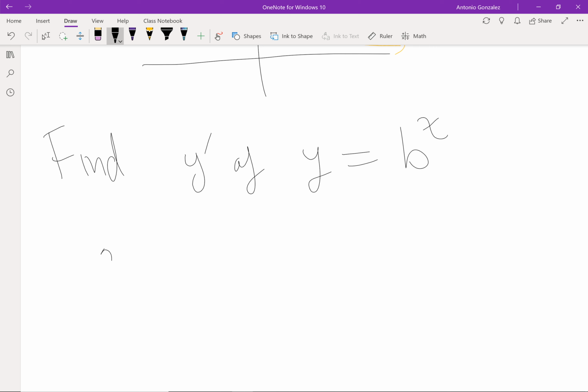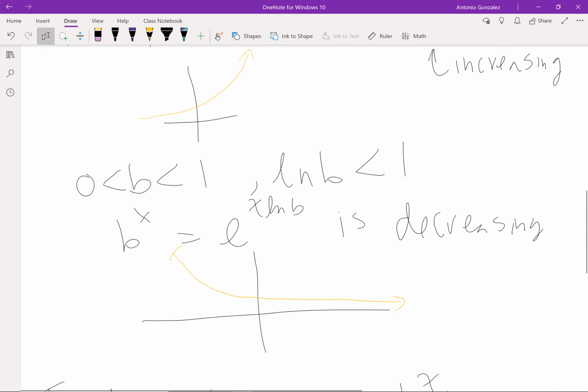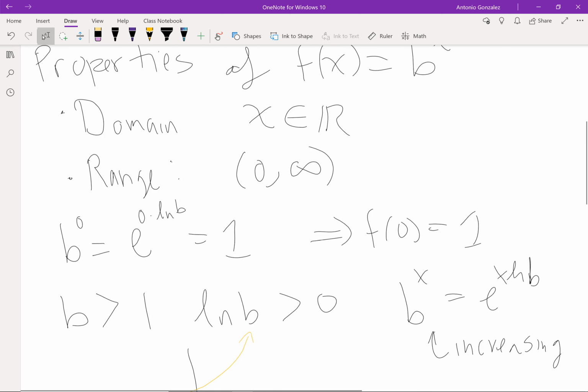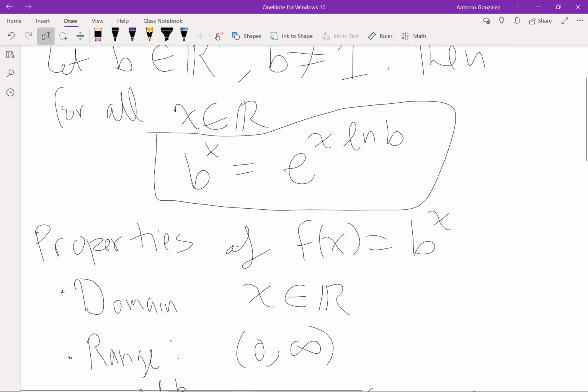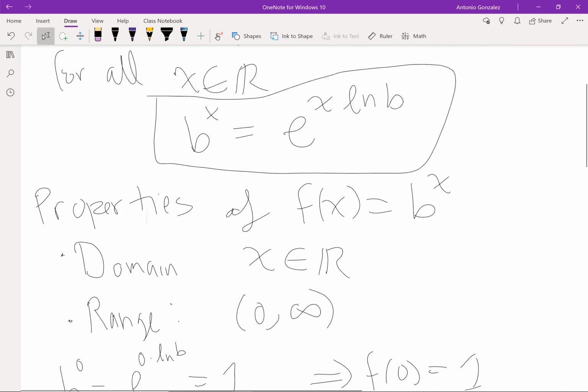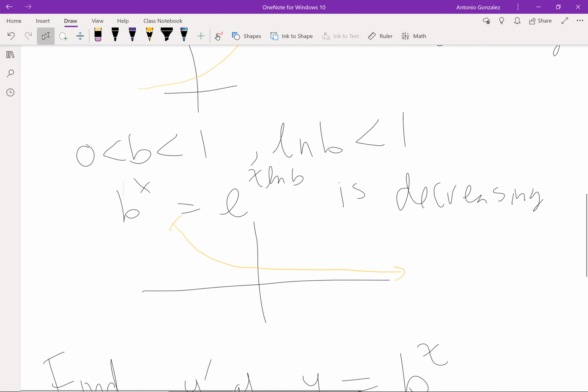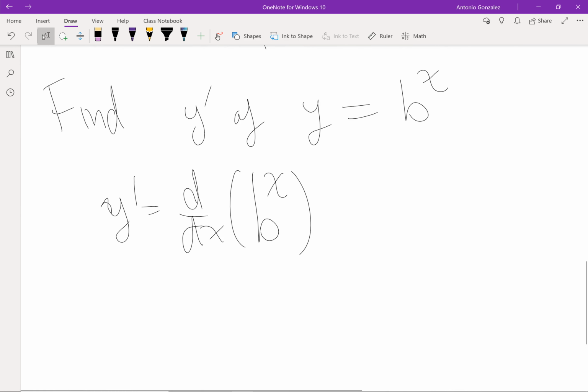We want to find y prime, which is the derivative with respect to x of b to the x. Now let's look at the definition of b to the x. As we scroll up real quick, we defined b to the x to be equal to this quantity here. I want to substitute because I know how to take the derivative of the exponential.